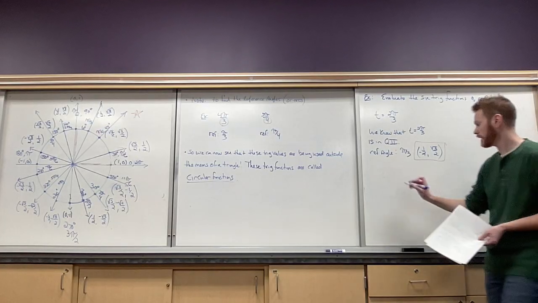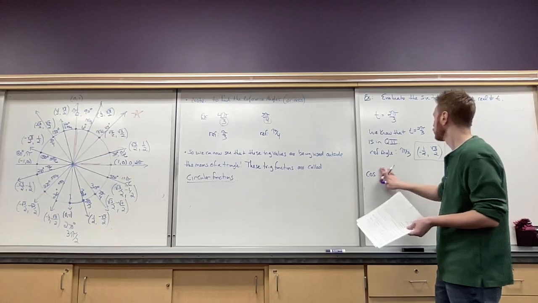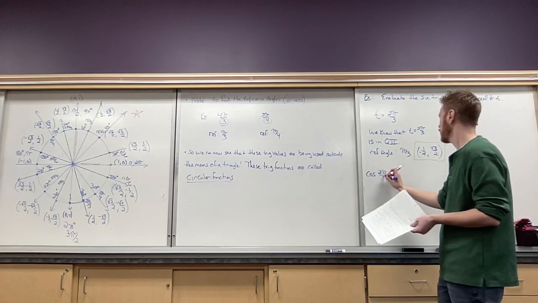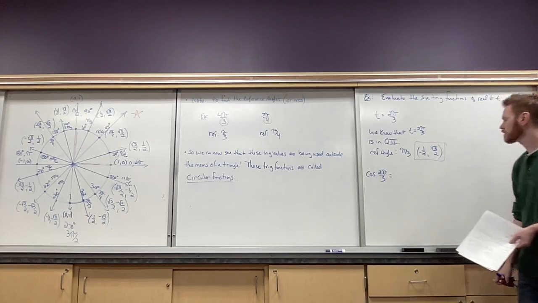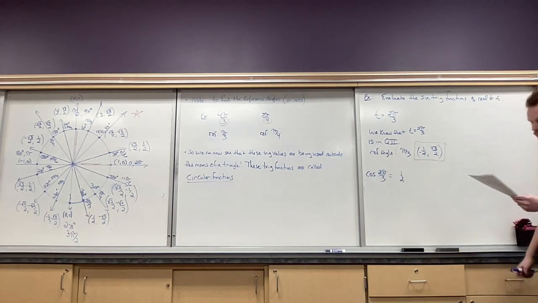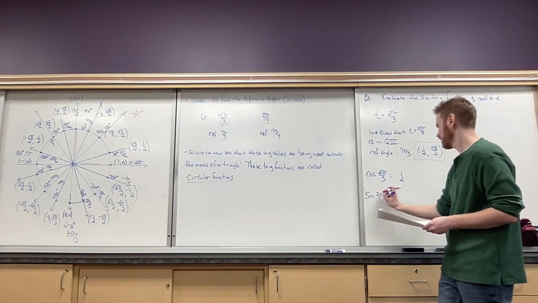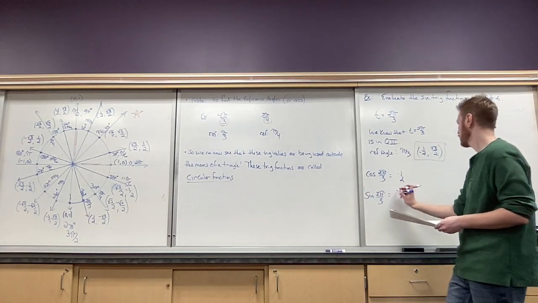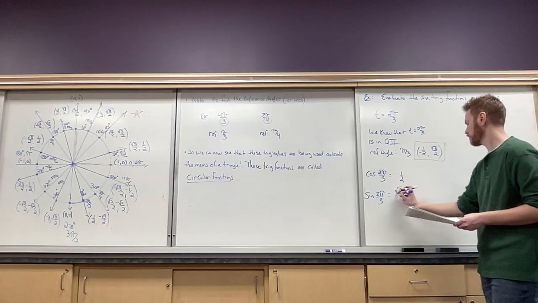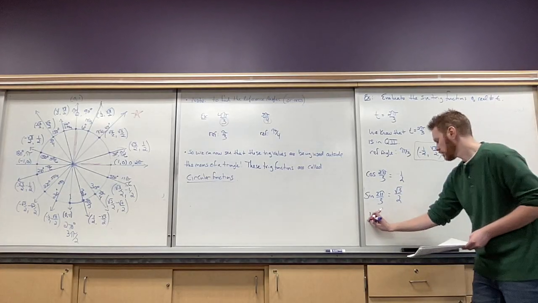Okay? So let's write it down. Starting with, doesn't matter what you start with, cosine of 2 pi over 3. We know that's the x coordinate, so it'll be negative a half. That's it. Okay, next. Sine of 2 pi over 3. Well, it's the y coordinate, square root of 3 over 2.